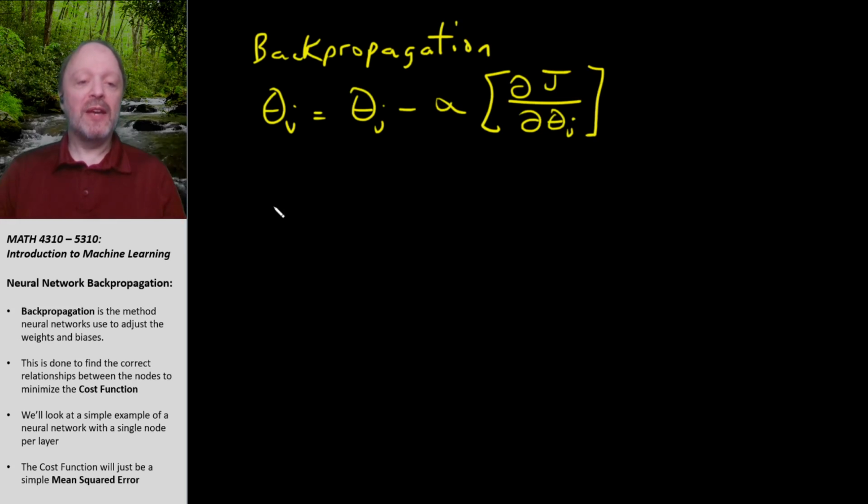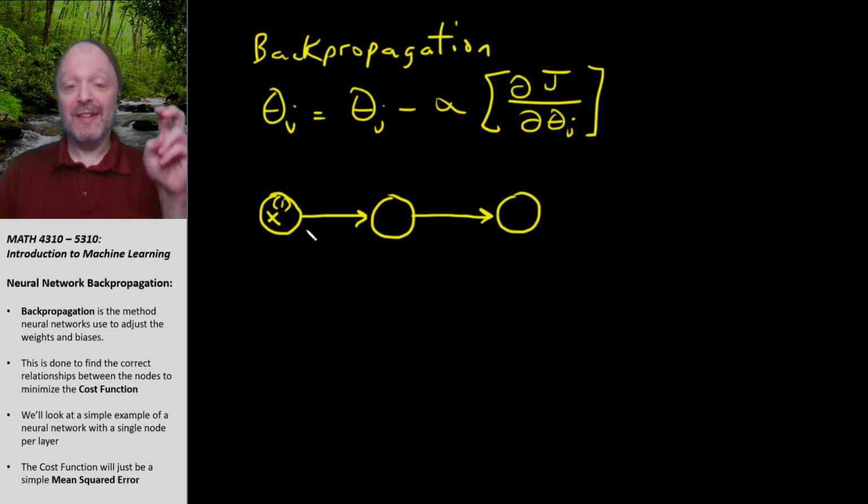Well, let's say we have an extremely simple layer where we're just going to have three nodes. So each layer, layer one, two, and three, is going to have a single node each, and they're just going to kind of feed forward like so. This one might be your input layer, so it's considered an X since it's an input.